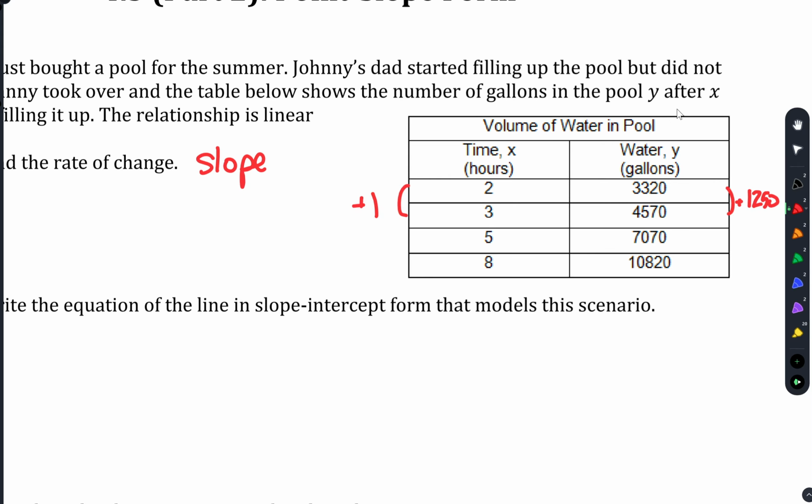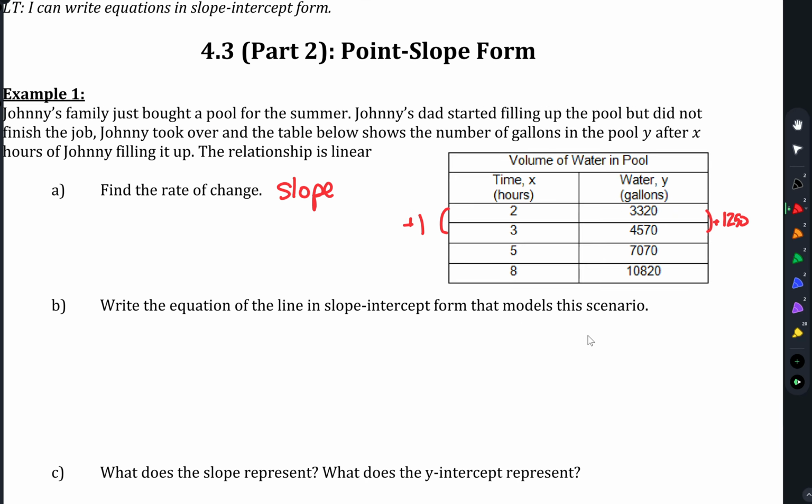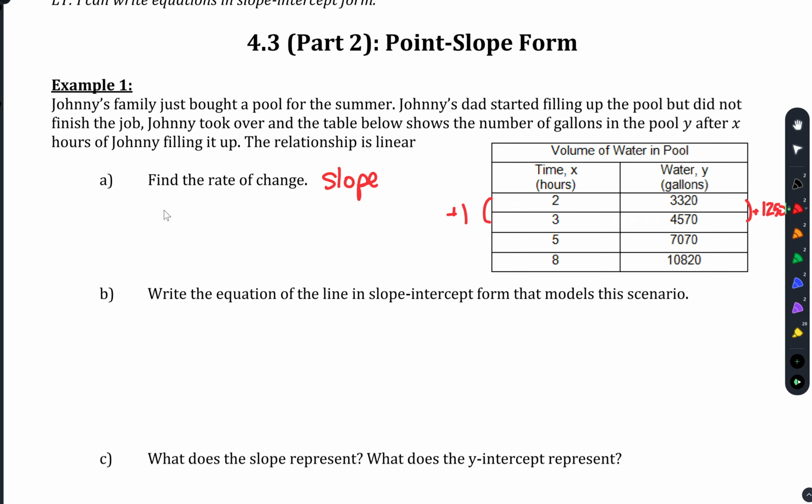So to actually find the slope, now that I've counted what that step is, I take 1,250 gallons, which is my Y value, right? It's on the right side, it's the Y value. And I put it over my X value, which is 1 hour.